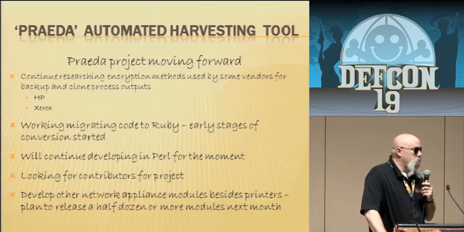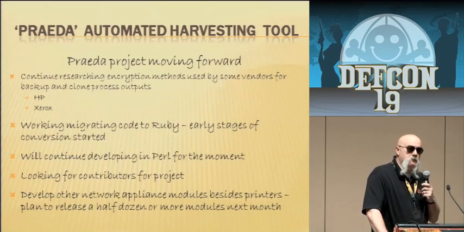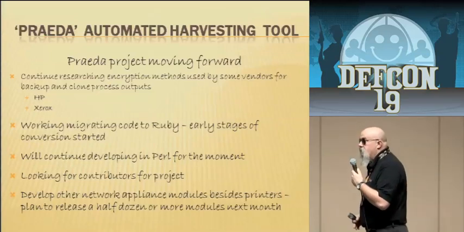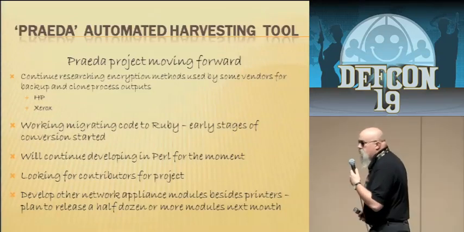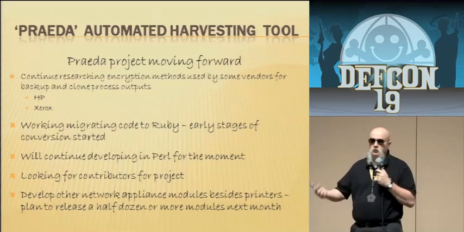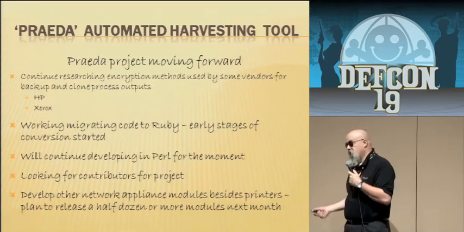Also, a number of other printers have started to generate backup clone files that are all encrypted, but the fact is that you enter the password to do the encryption. So it's just a matter of figuring out what encryption they have. You have the password, you could easily decrypt it. So we'll be analyzing that and trying to find various methods to do that. Once we find those for the different models, we'll build modules to pull the encrypted file and decrypt it and save it for you.